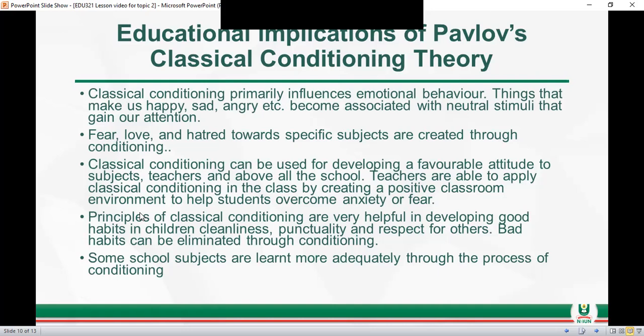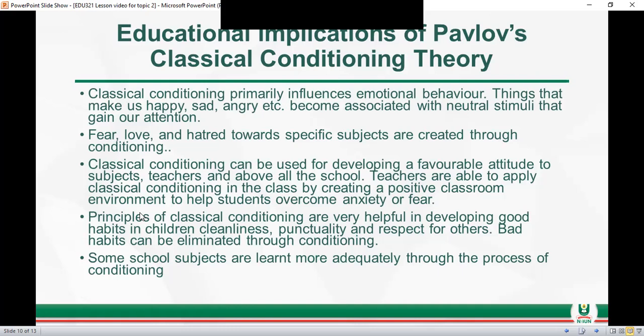Such habits as cleanliness, punctuality, and respect for others can be developed through this process. Bad habits can also be eliminated through conditioning. Last point, some school subjects are learned more adequately through the process of conditioning.